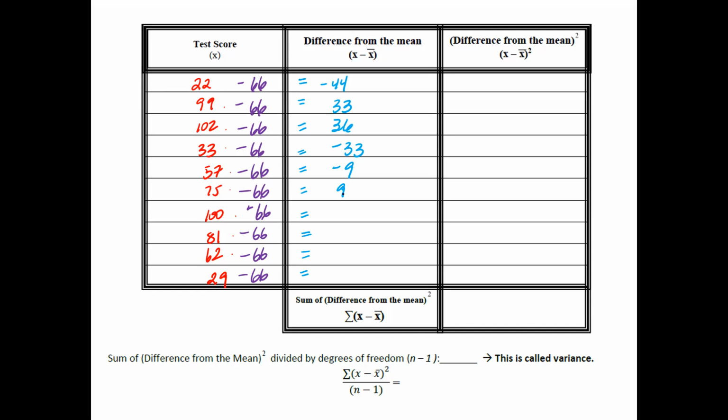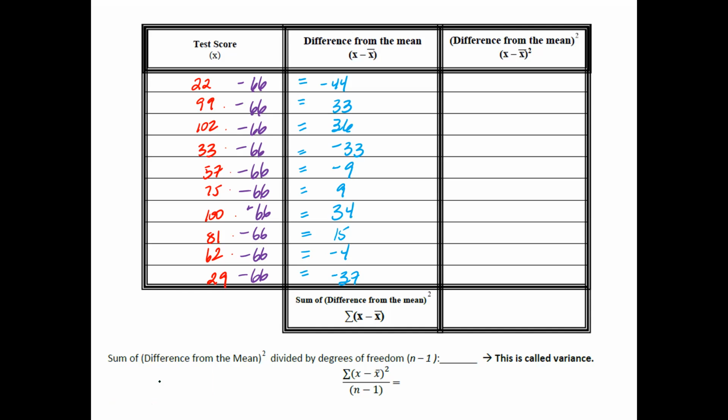Positive 9. 34. 15. Negative 4. And negative 37.